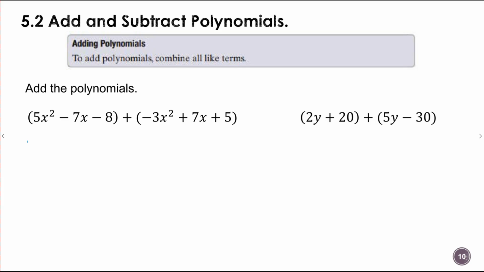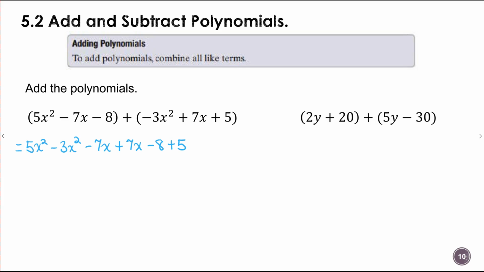So I will have a 5x squared minus 3x squared, negative 7x plus 7x, negative 8 plus 5. Because this is another way to organize where you just arrange them with like terms side by side and then combine. And that just helps you as you're looking at all these different numbers.